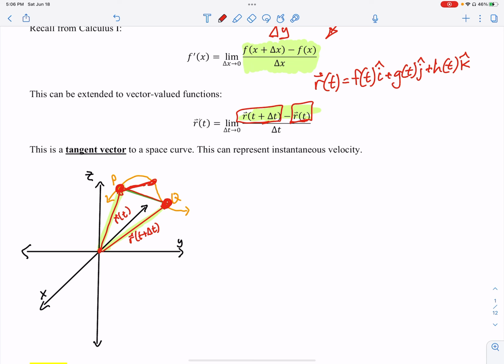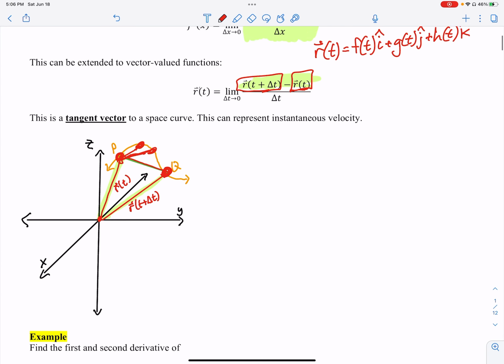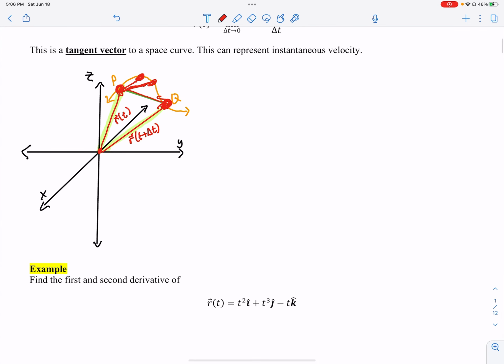It'll be like right here, and then right there, as we move Q towards P. Remember that these are vectors, so we're going to eventually get that tangent line idea that we had from Calc 1, but it's going to be a vector instead of a slope. We usually found the slope of the tangent line, but now it actually gives us a tangent vector.